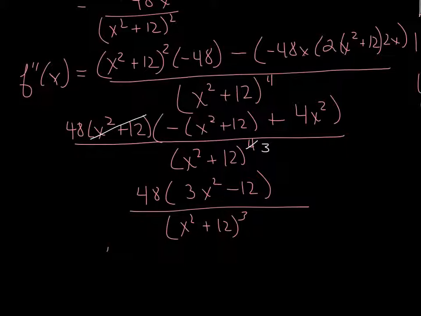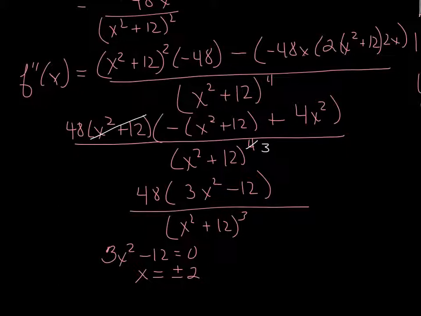That's going to divide out. 3x squared minus 12 equals 0. 3x squared equals 12. X squared equals 4. So x equals plus or minus 2. So wait, why did you set the second derivative to 0? That's where we're checking concavity. First derivative checks increasing and decreasing. Second derivative checks concavity. Whether we're concave up or concave down.